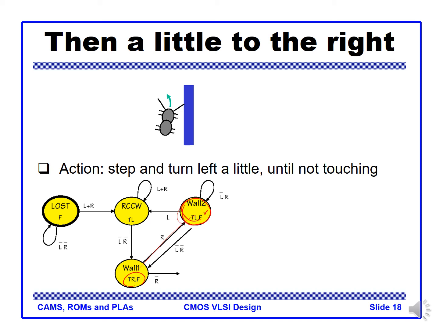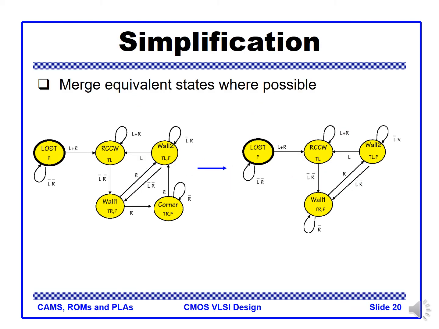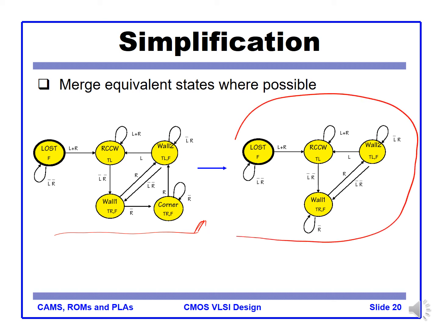This kind of algorithm you will modify depending on how it performs in the actual experimental setup. Once you draw the state machine transitions, you can optimize the transitions like this.